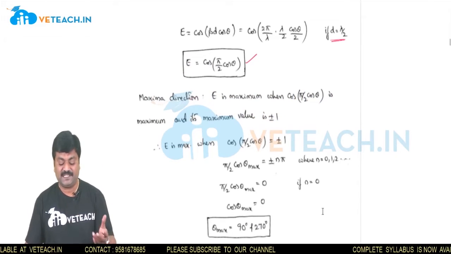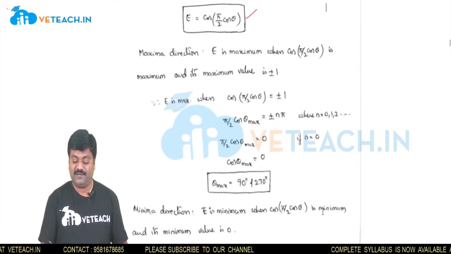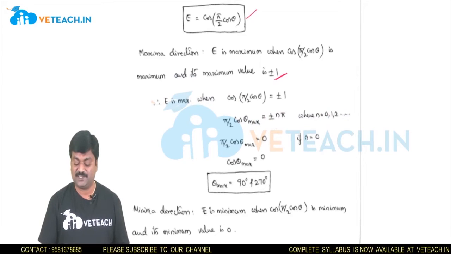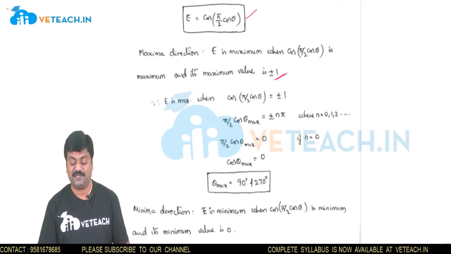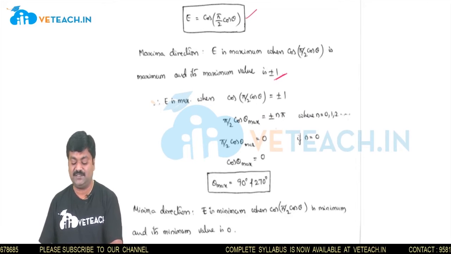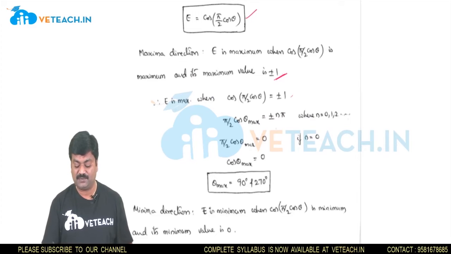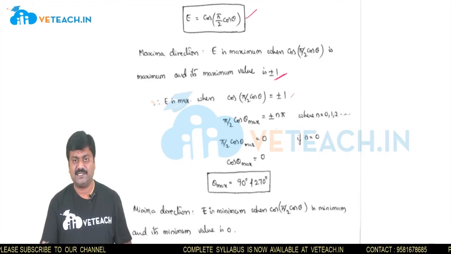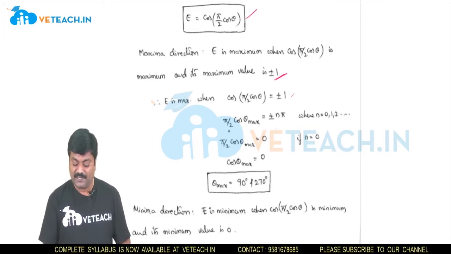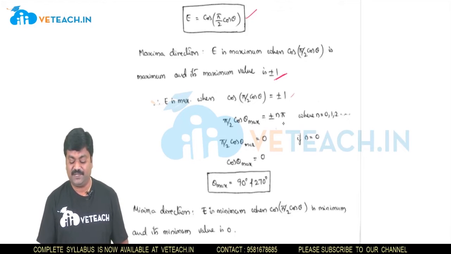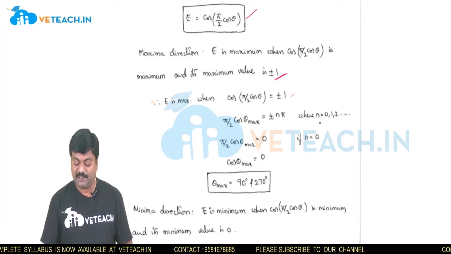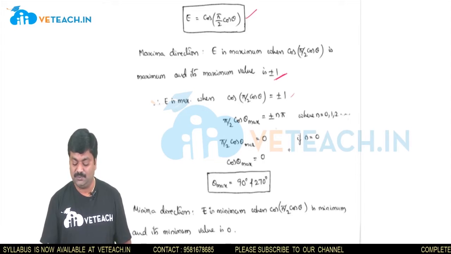Now, to attain the maximum direction, the directivity indicates that the maximum will be attained as 1, so plus or minus 1 is taken. Now the field pattern cos of pi by 2 cos theta is equivalent to plus or minus 1. Using the same trigonometric functions, pi by 2 cos theta max will be equivalent to plus or minus n pi, where n could be 0, 1, 2 and so on.